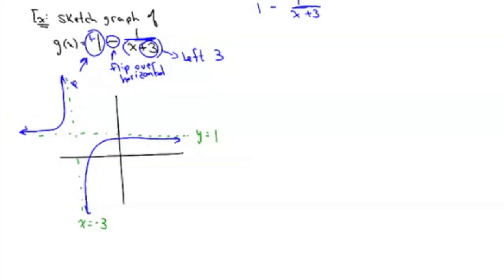How do you add a number and a fraction? Common denominator. What's the common denominator here? So this 1 becomes x plus 3 over x plus 3, minus 1 over x plus 3. And now that they have a common denominator, I can bring them together. So this becomes x plus 2 on the top.